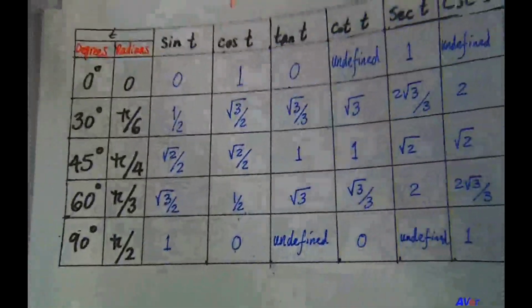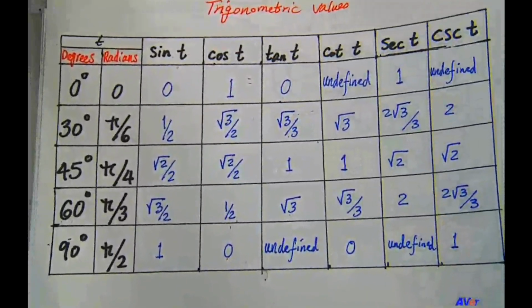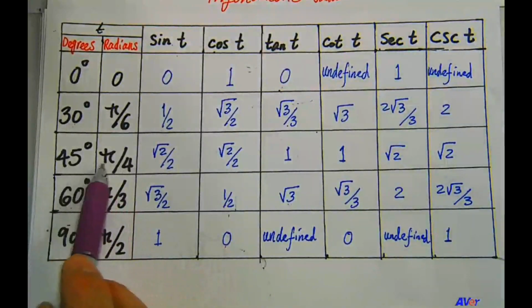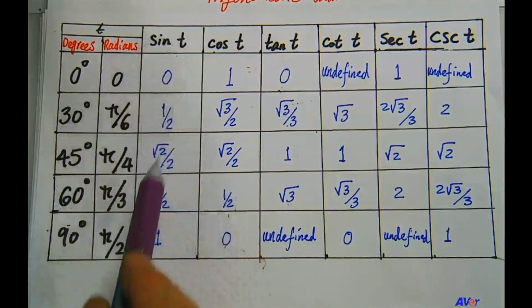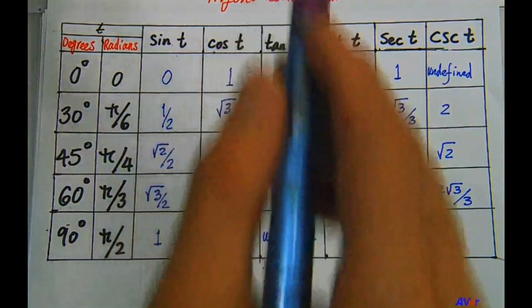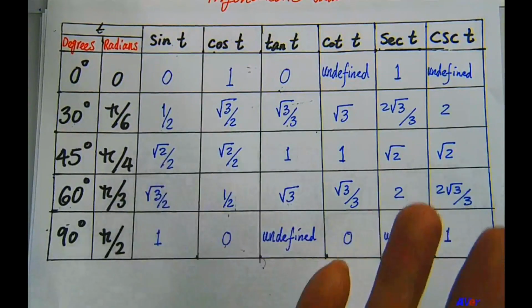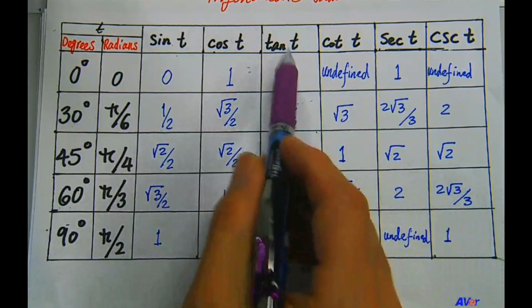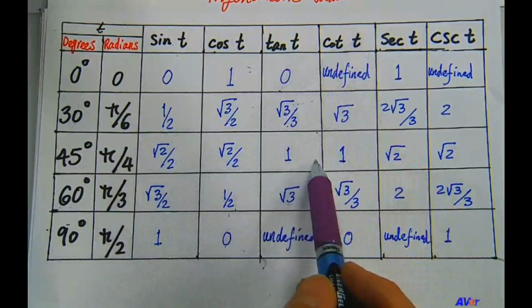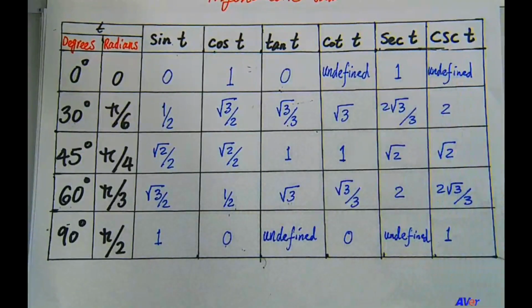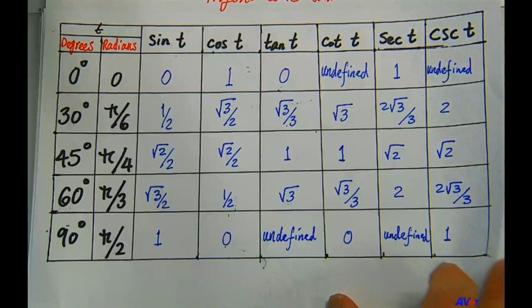Look at the special trigonometric values for 45 degrees. The sine is equal to square root of 2 over 2. The cosine is equal to square root of 2 over 2. It's the same thing, right? For the 45-degree angle, the tangent and cotangent are 1 and 1, and the secant and cosecant are square root of 2 and square root of 2. Very easy numbers to remember for the 45-degree angle.